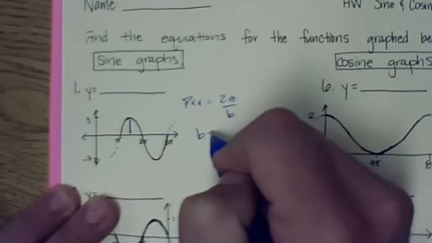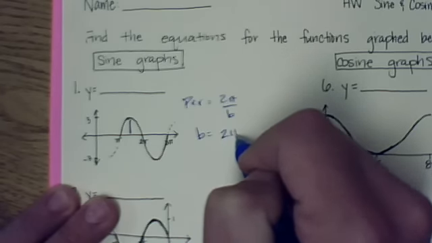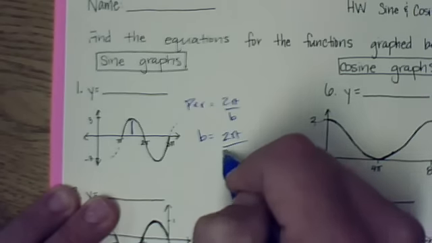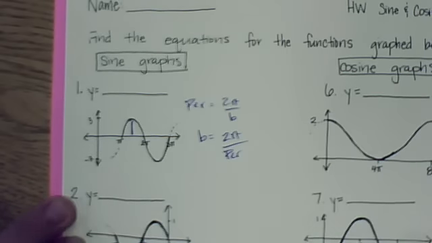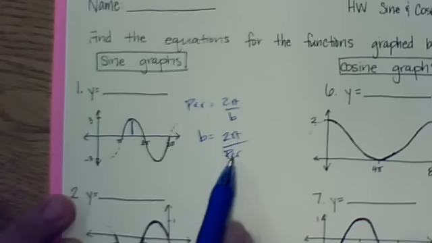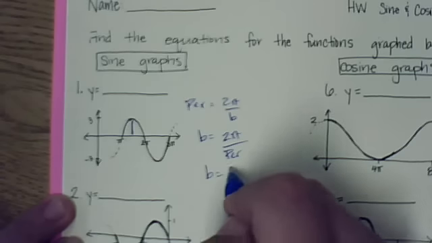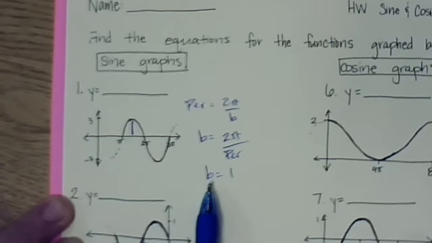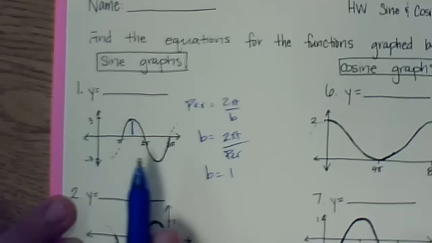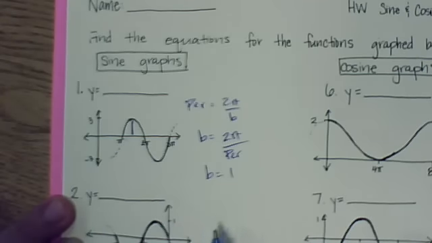So you can also say that b equals 2 pi over period. So in this case, 2 pi over 2 pi, my b would be 1. That tells us there's no horizontal stretch or shrink with this graph. As long as the period is 2 pi, your b will always be 1.